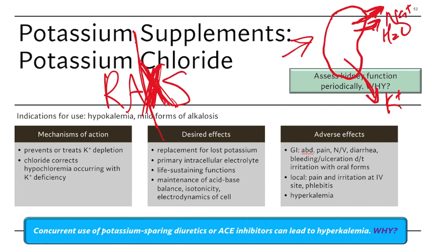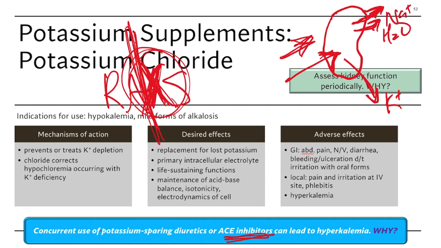So when this renin-angiotensin system is working properly, it's causing the body to hold on to fluids, to water and sodium, and it encourages the body to excrete potassium. So if we use something, for example, an ACE inhibitor, that blocks that aldosterone from even being created, we're going to slow this whole thing down, or stop it from happening.